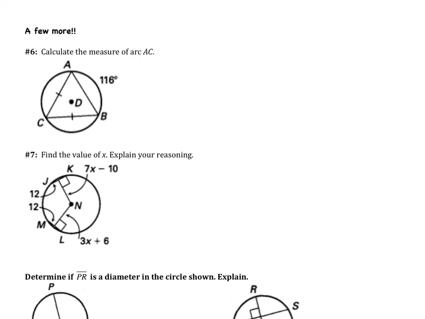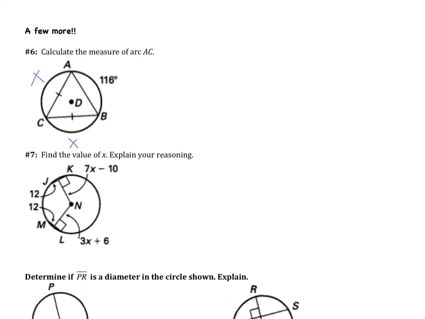Okay, I think I said that the last one I was going to do was going to be the last example. I lied. Let's do a couple more together. We want to find the measure of arc AC. Well, we don't know what it is, so let's call it x. Now, if arc AC is x, arc CB is also x because those two arcs were created by congruent chords.